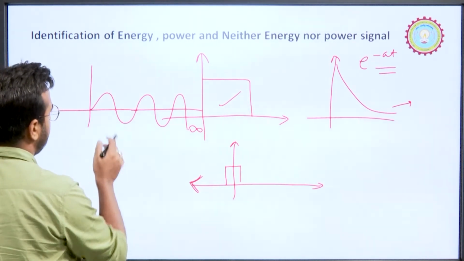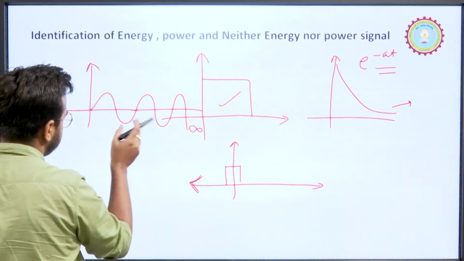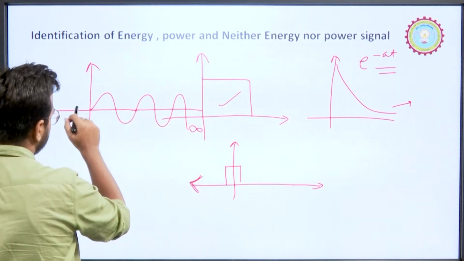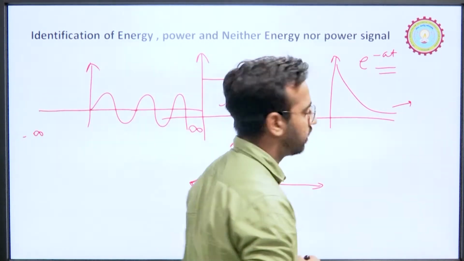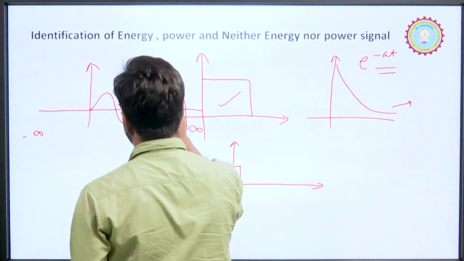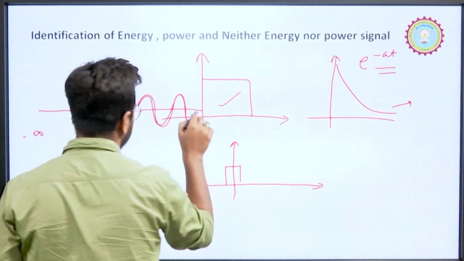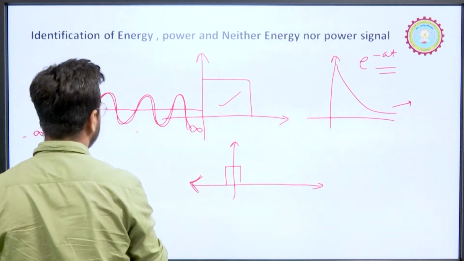In this case, the second criterion was that the magnitude must be in decreasing order. But here you can see the magnitude is constant, the signal is not decaying, it follows the same path. So this is not a category of energy signal.